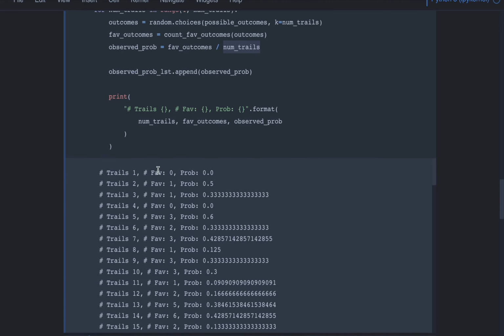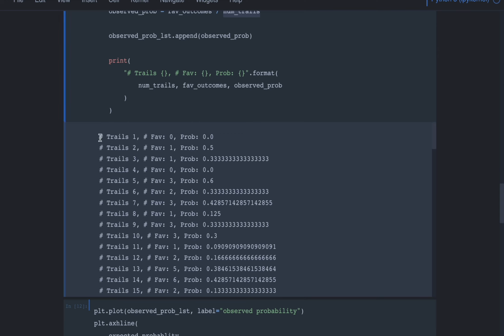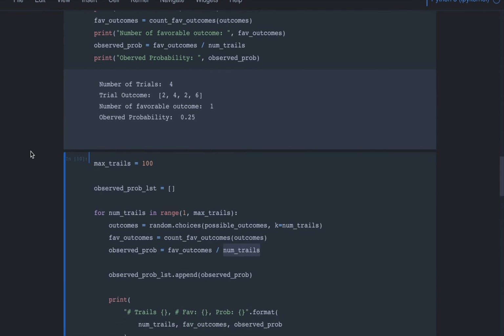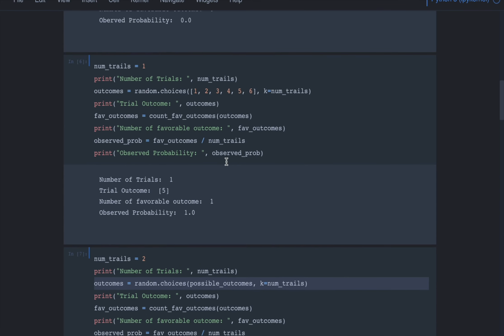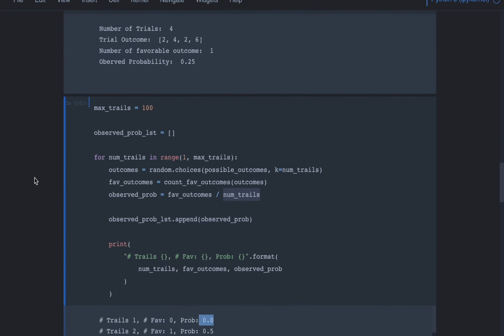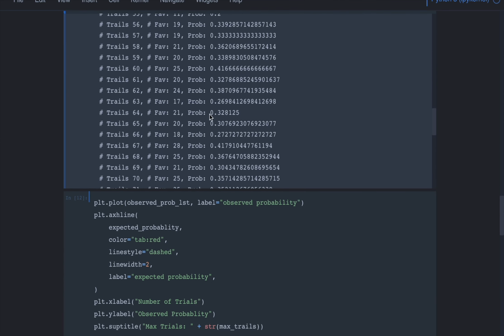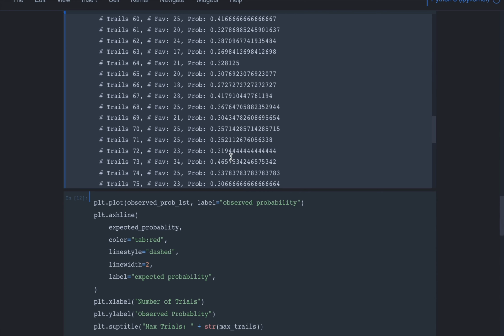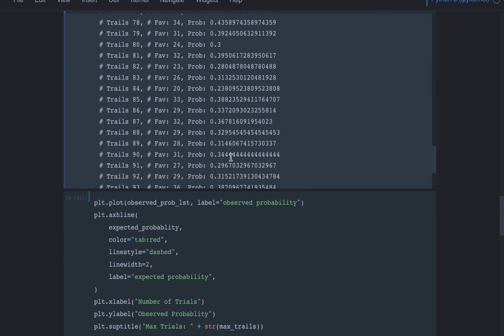Here we are printing, for example, in experiment 1, we roll the dice only once. The favorable outcomes just happen to be 0 in this case, so the probability turns out to be 0. But as we increase the number of experiments, the probability slowly converges to the expected probability, which is 1/3 in our case, because we have 2 favorable outcomes out of 6 possible total outcomes. You see the numbers slowly start to converge to 1/3.